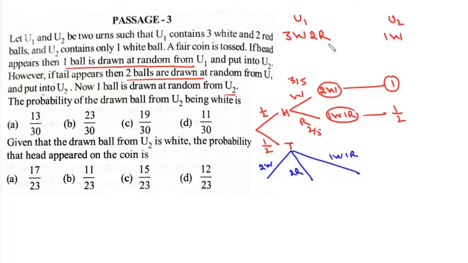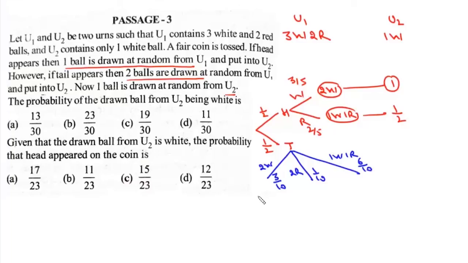Now probability of choosing 2 white will be 3C2 upon 5C2. It will be 3 by 10. Now 2 red, 2C2 upon 5C2, 1 by 10, and 1 white and 1 red, there will be 3C1 into 2C1, which is 6 by 10.